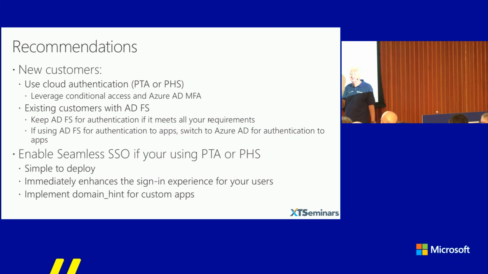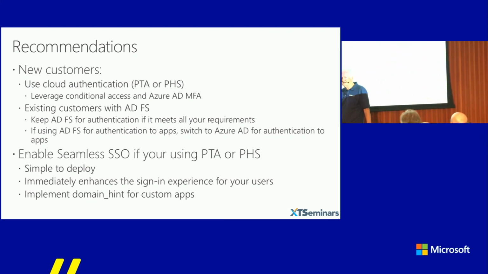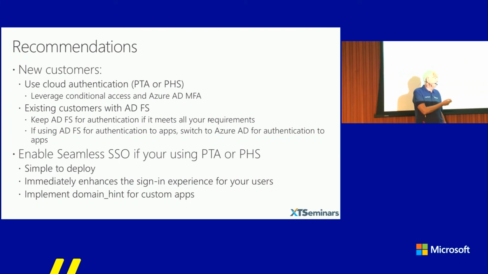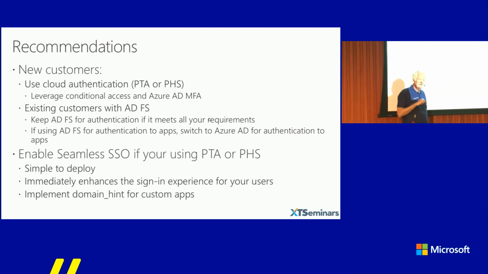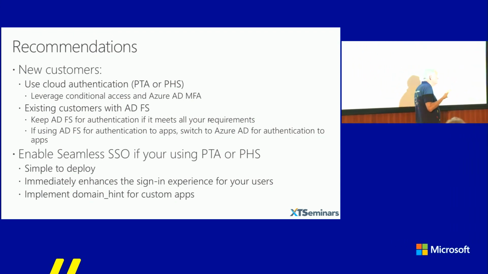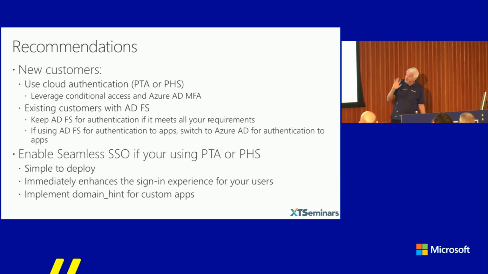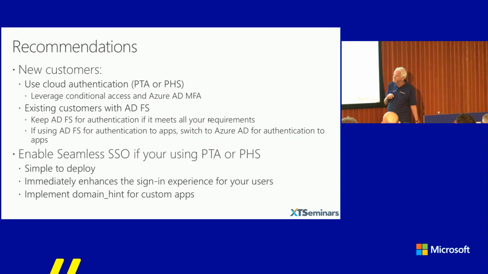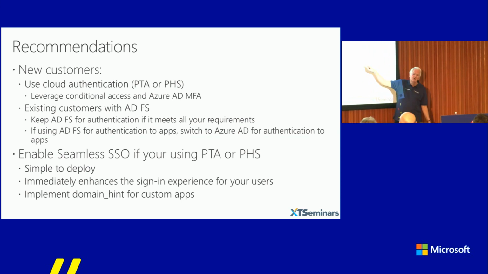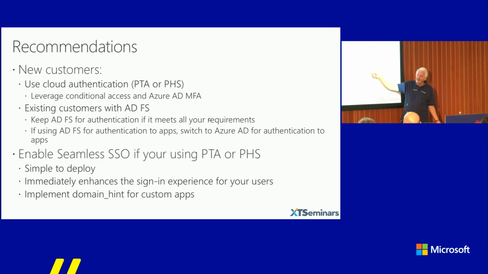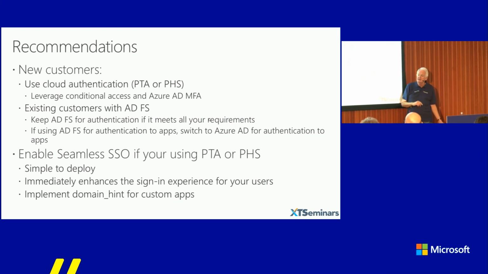But the recommendation is, if you've got ADFS and you've got claims-aware applications, start migrating those claims-aware applications away from ADFS and register them in Azure AD. All right, but don't necessarily just chuck your ADFS out, but, you know, upgrade time, maybe we don't want it anymore. And of course, turn on seamless SSO because it doesn't cost you anything and it really enhances the user experience.